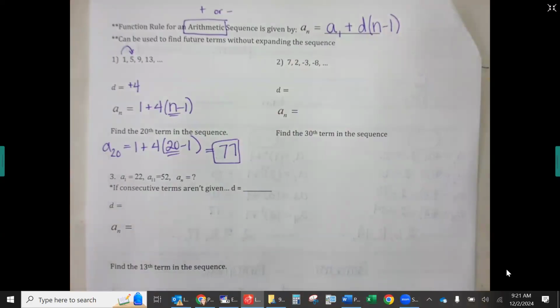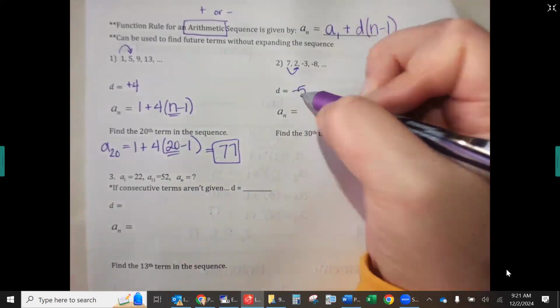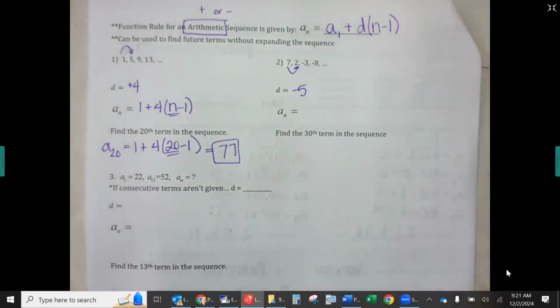All right, take a look at the next one, number 2. My numbers go 7, 2, -3, -8. What's the pattern? -5 each time. Very good. So my common difference is a negative number because I'm taking away 5 each time. Then my A sub n is whatever the first term is.